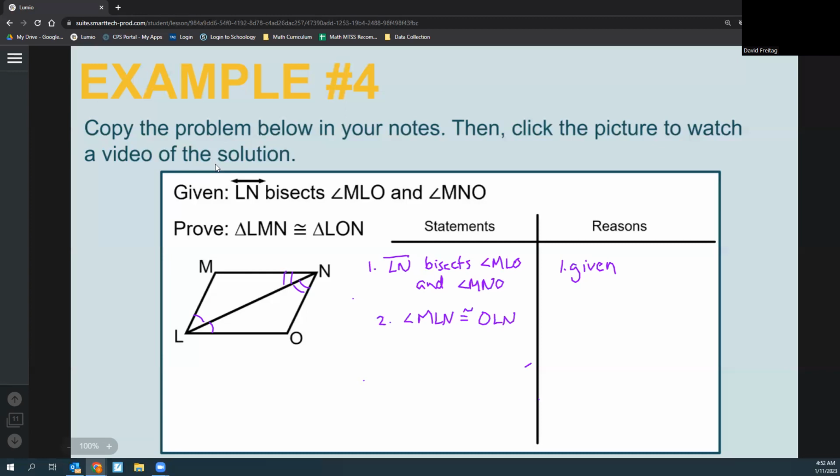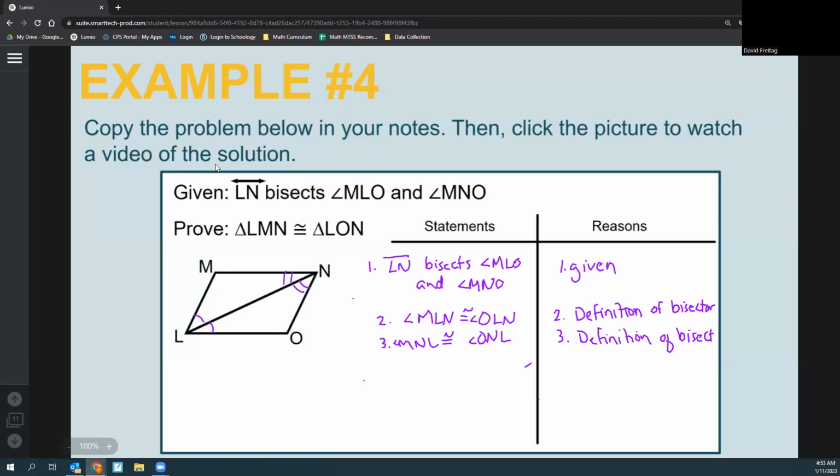And the reason behind that is the definition of bisector, because when it's bisecting, it cuts it in half. Same thing for number 3. I'm going to make angle MNL congruent to angle ONL. And that's also the definition of bisect.